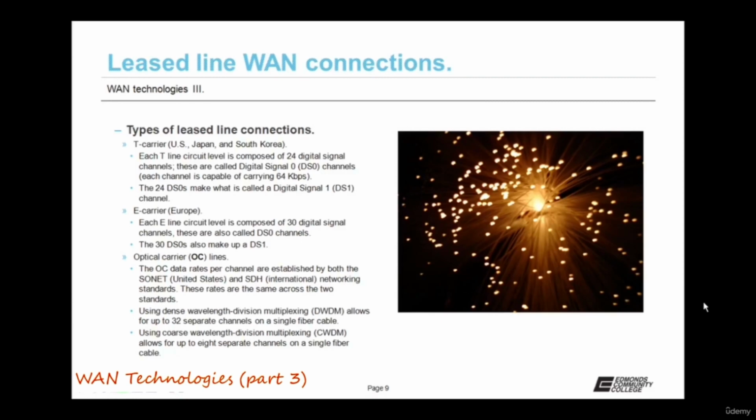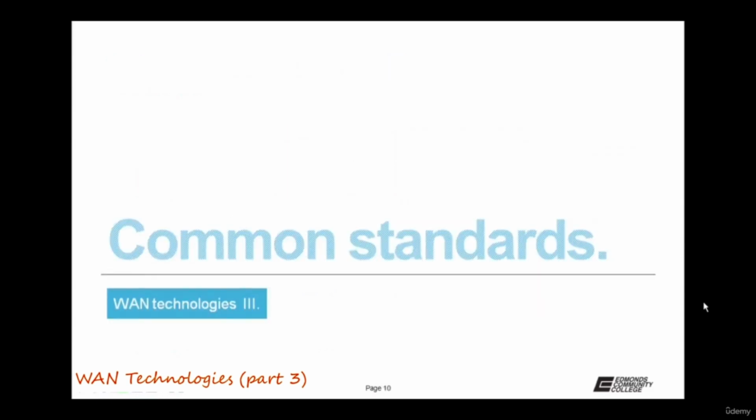It's possible to multiplex multiple channels into the same fiber using different methods. The first method is dense wavelength division multiplexing, DWDM. It allows for up to 32 separate channels on a single fiber cable. Or you could use coarse wavelength division multiplexing, which allows for up to 8 separate channels on a single fiber optic cable.